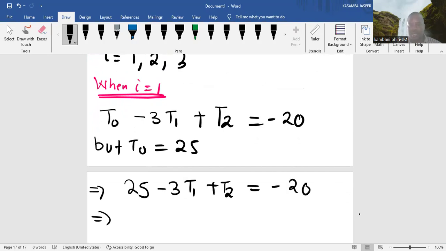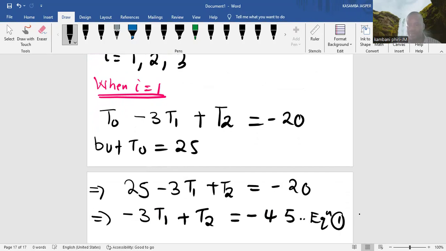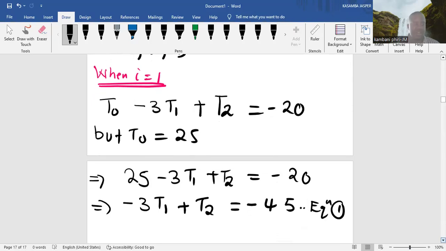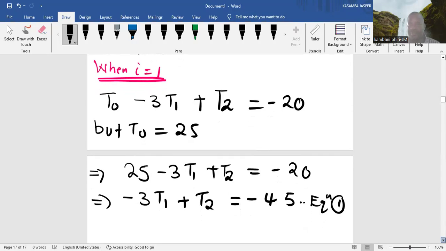Upon grouping the terms, we have negative 3T1 plus T2 is equal to negative 45. This is our first equation, equation 1.